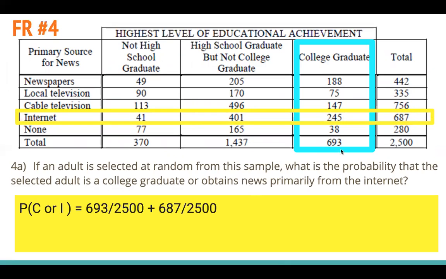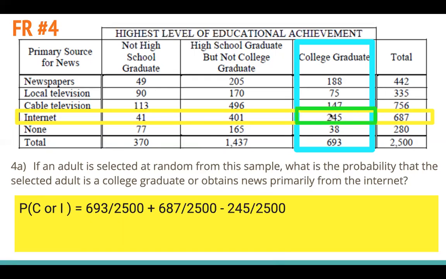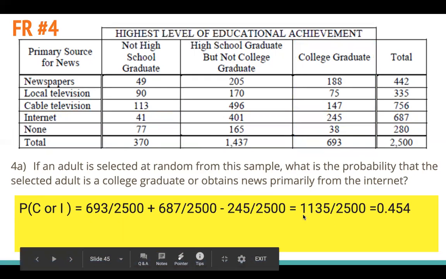If I add just those 2 totals, like I have down here, P of C or I, that means I really need all of these people. I have to be careful because that 245 is counted twice, so I want to subtract it out. And my final answer is 1,135 divided by 2,500, and that's 0.454.